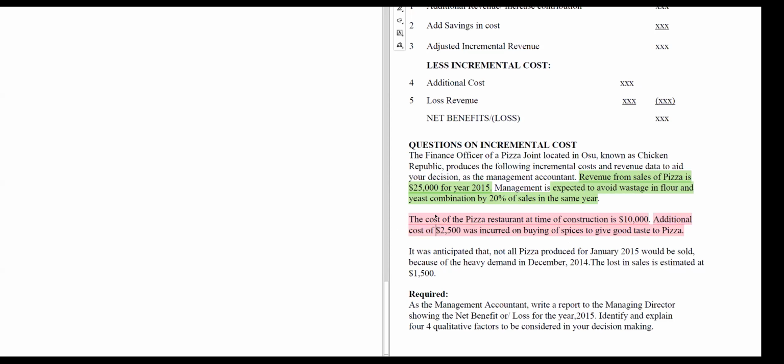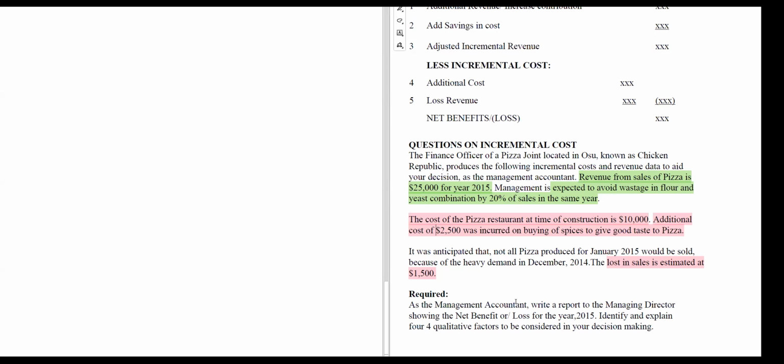Relevant. It is anticipated that not all the pizza produced for 2015 will be sold because of heavy demand in December last year. The loss in sales is estimated at 1,500. Relevant or irrelevant? Irrelevant.